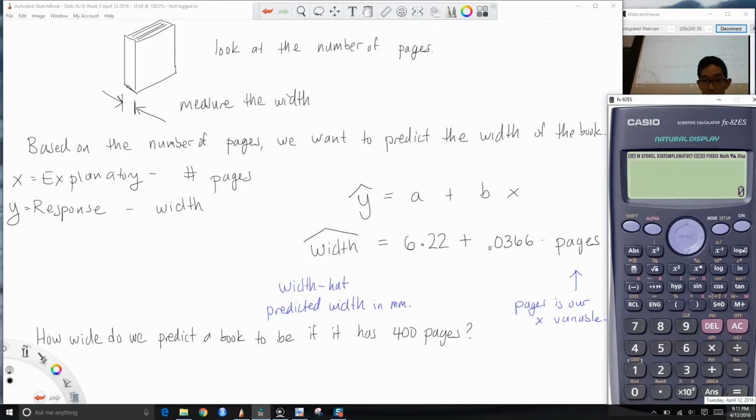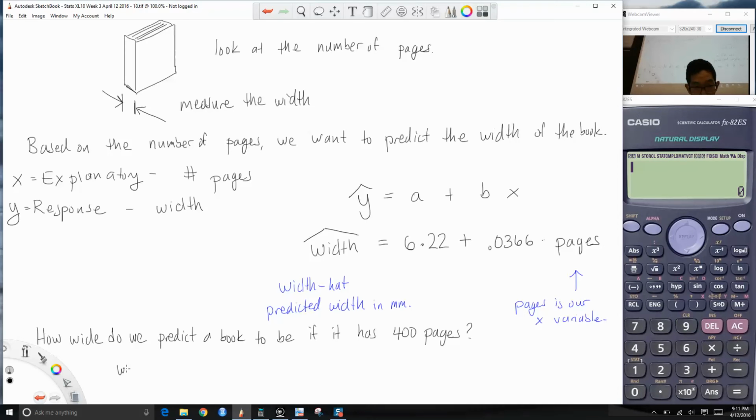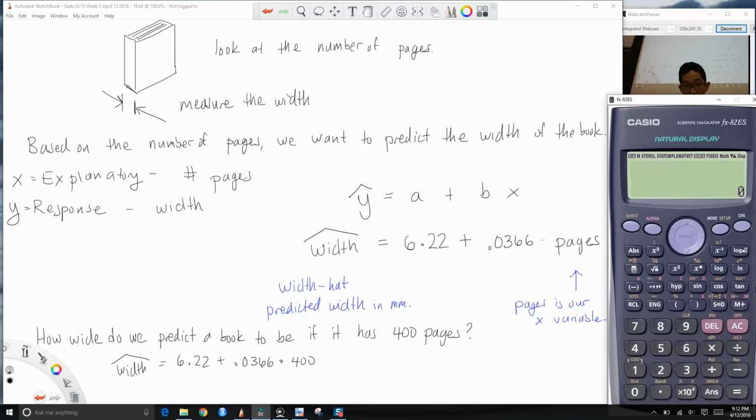I'm just going to plug in 400 where I see pages. So predicted width hat is equal to 6.22 plus 0.0366 times 400, because pages is now 400. I'm going to type that in: 6.22 plus 0.0366 times 400. I get 20.86.